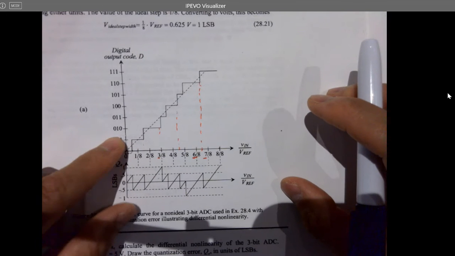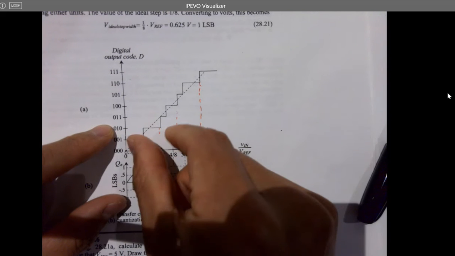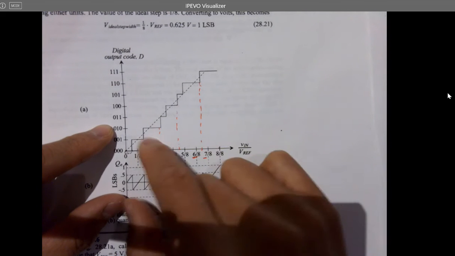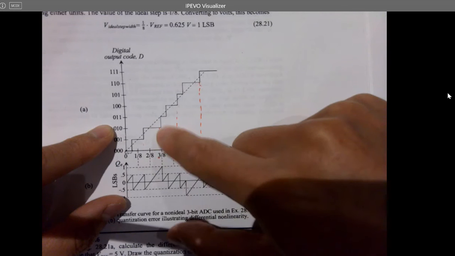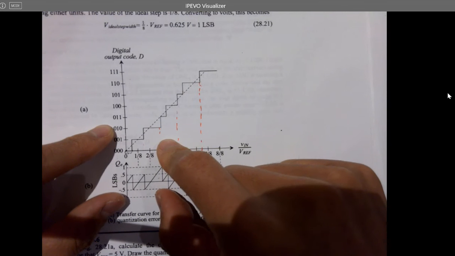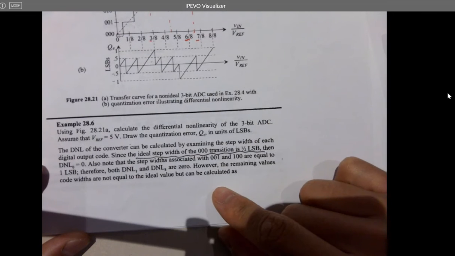Next, what about DNL 2? Looks wider, right? And you can see it reaches this point. So it's 1.5 LSB minus 1 LSB. So DNL 2 will be 0.5 LSB. Where's DNL 2?